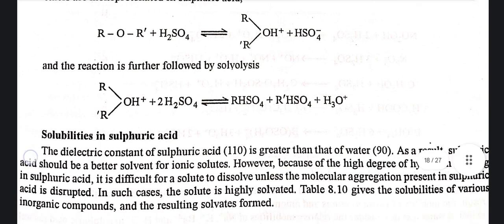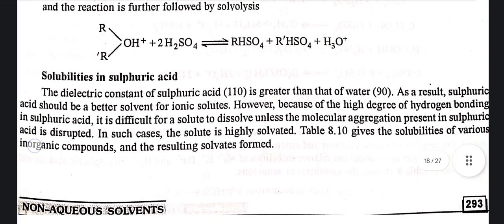Solubilities in sulfuric acid. The dielectric constant of sulfuric acid is greater than that of water. As a result, sulfuric acid should be a better solvent for ionic solutes. However, because of the high degree of hydrogen bonding in sulfuric acid, it is difficult for a solute to dissolve unless the molecular aggregation present in sulfuric acid is disrupted.